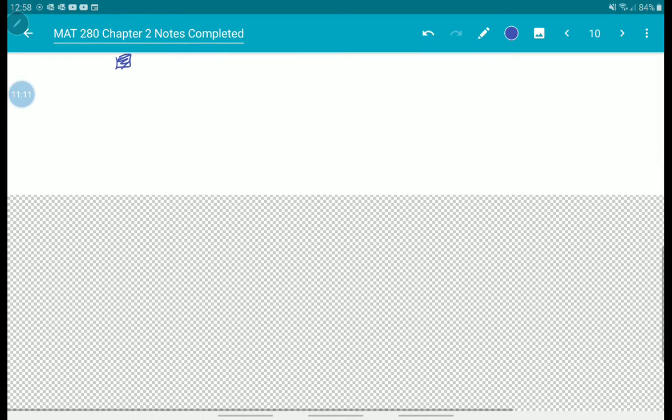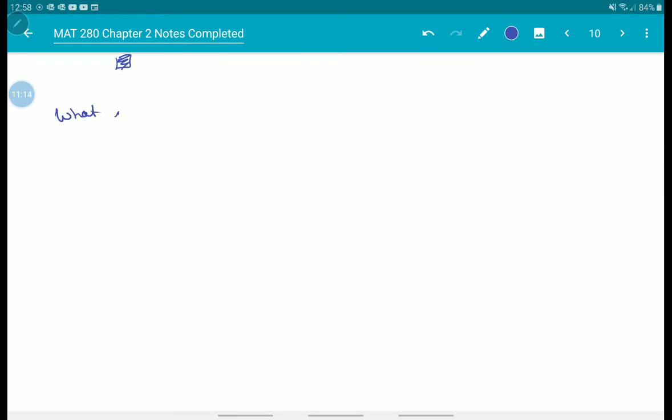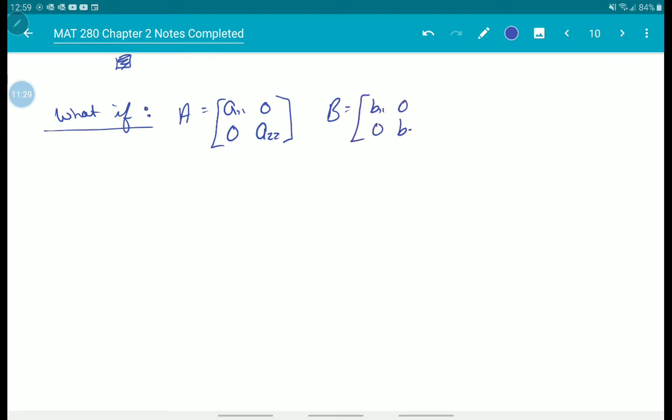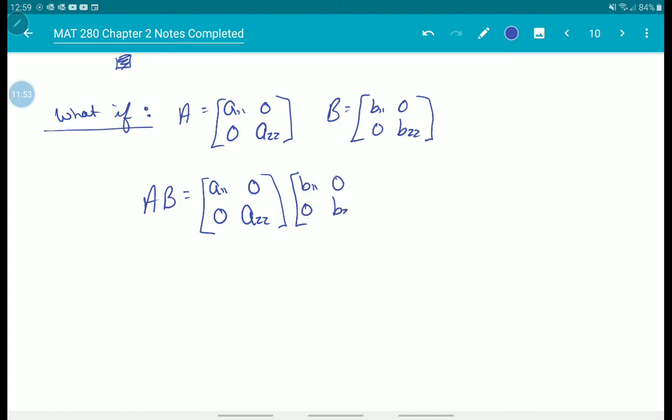So then what do you think would happen if we took 2 matrices, and I'm just going to do 2 by 2s, and I'm going to let them be diagonal. And I wanted to multiply these matrices together. So let's see what's going to happen. We have A11, 0, 0, A22 multiplied by B11, 0, 0, B22.